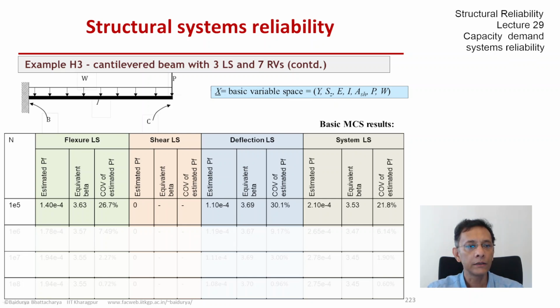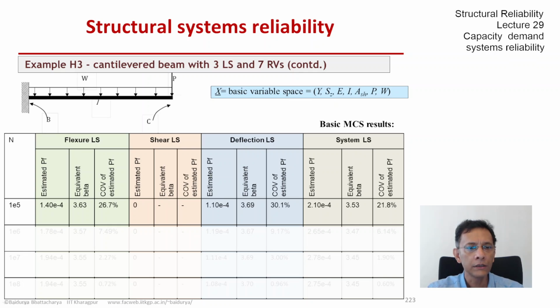The estimated flexural beta is 3.63. However, the COV of the estimate is rather large. It's more than 25%. In shear, the limit state is so far back in the standard normal space, if we may use that analogy, no failure is detected. So the failure probability is probably several orders less than 10 to the minus 5.